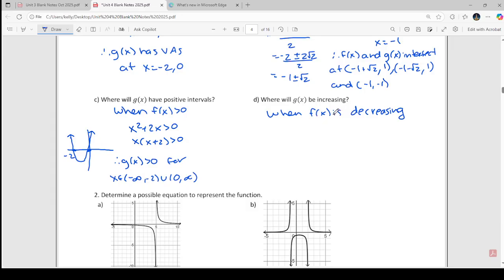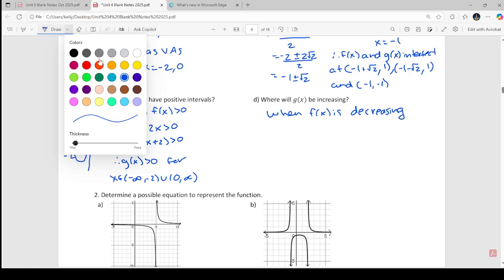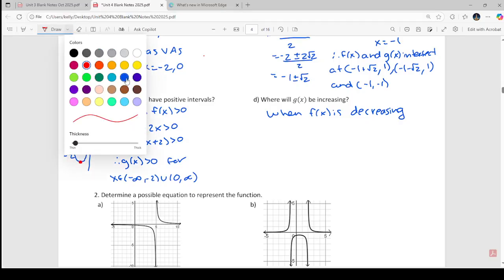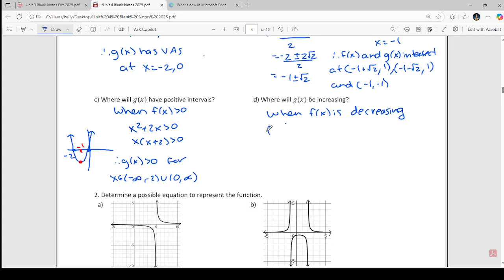But at the moment, we just need to look at a graph to tell when our function is increasing and decreasing. So this parabola is decreasing until its turning point, and that turning point is halfway between its two zeros. So this function is decreasing from -infinity to -1.